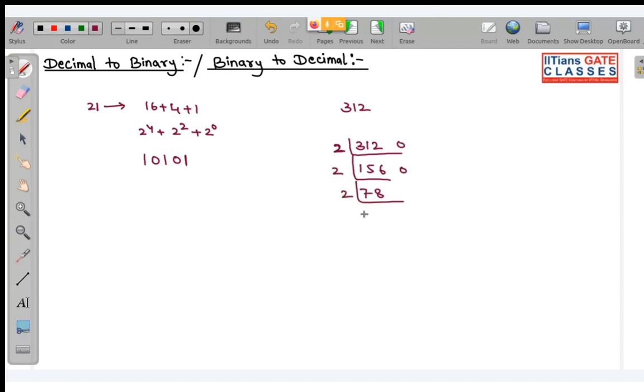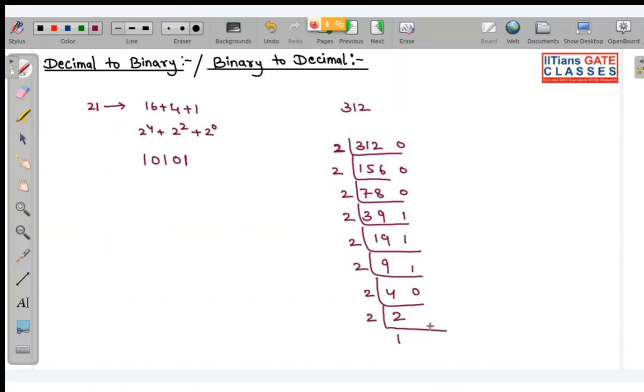Again divided by 2, so 39, remainder 0. Then 19, remainder 1, since 2 nines are 18. Then 9, remainder 1, then 4, remainder 1, 2 twos are 4, remainder 0. And 2 divided by 2 is 1, remainder 0.